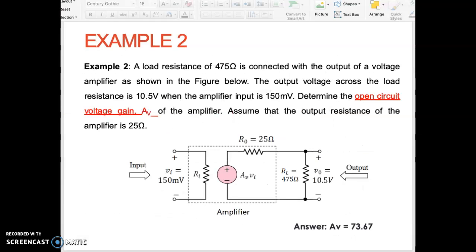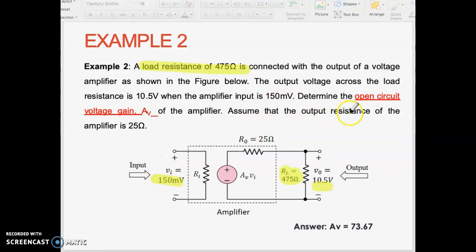Okay, so let's go to example 2. For example 2, we have a voltage amplifier with a load resistance. What do we mean by a load resistance? It is an RL here. Your RL here is 475 ohm, connected to the output voltage of 10.5 volt, and your input is 150 millivolt.